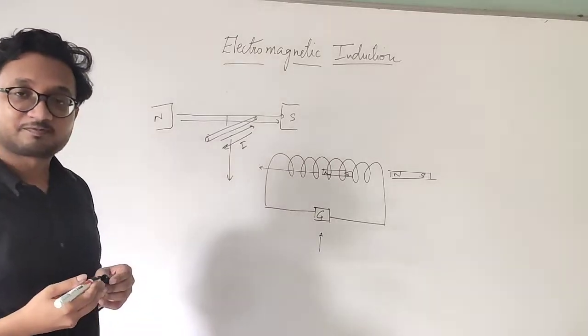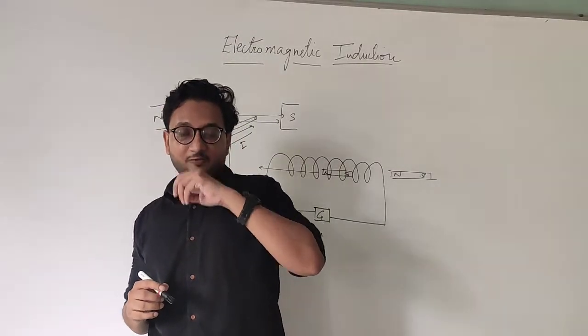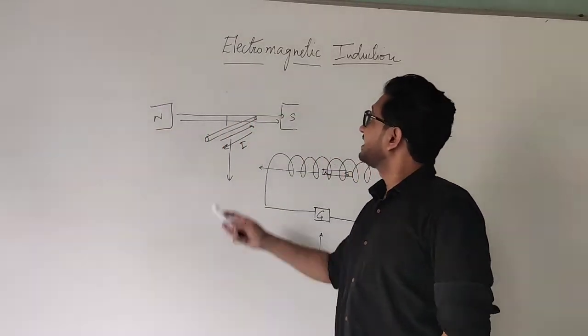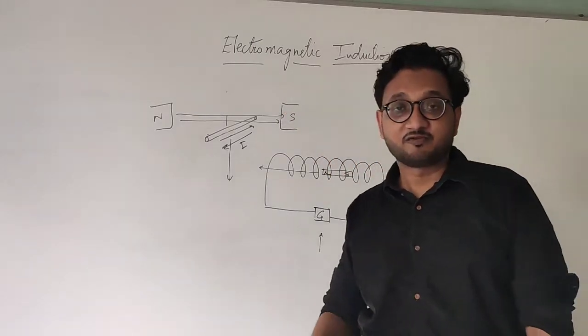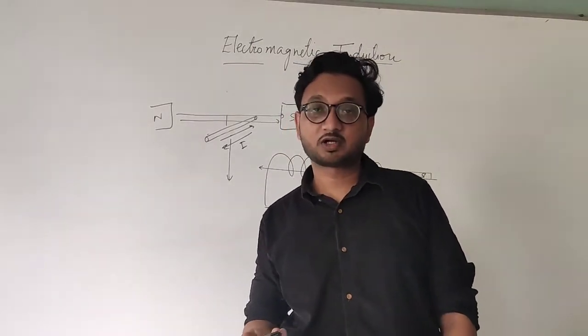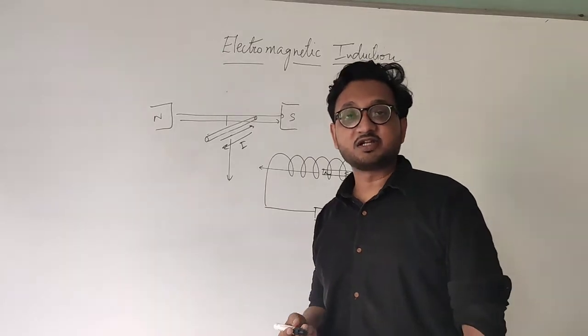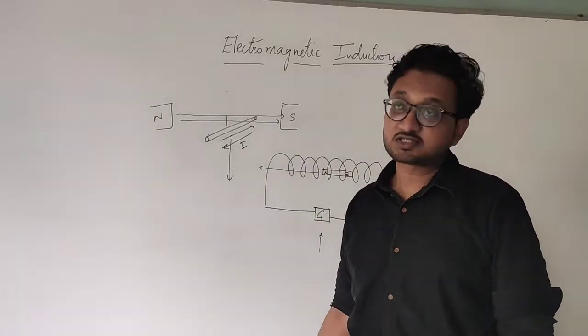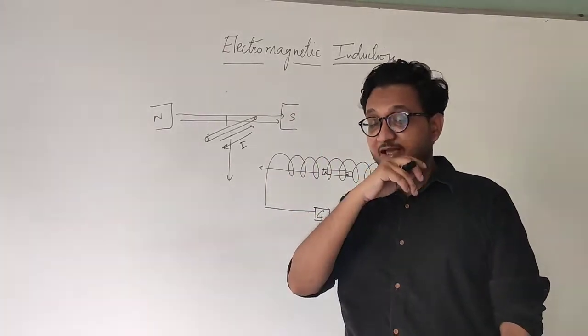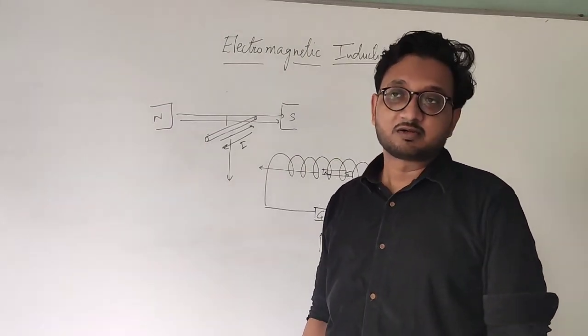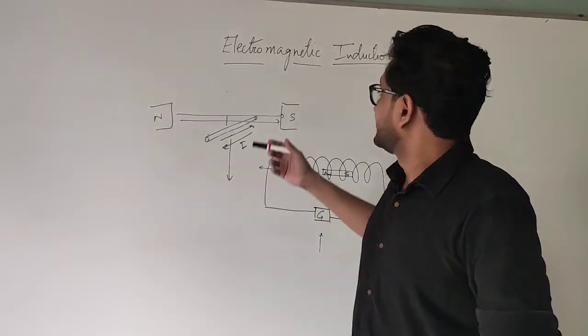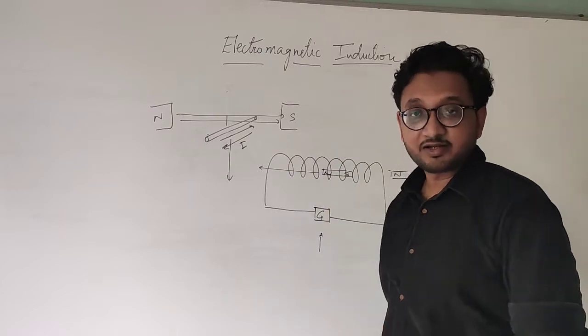Therefore, if the conductor is moved in the downward direction, then the current will be in the opposite direction. So we studied one more important thing today, that is electromagnetic induction. When a magnetic field is moved around a conductor, then current is induced in the conductor, and this process is called electromagnetic induction. The principle of the working of an electric generator is electromagnetic induction.